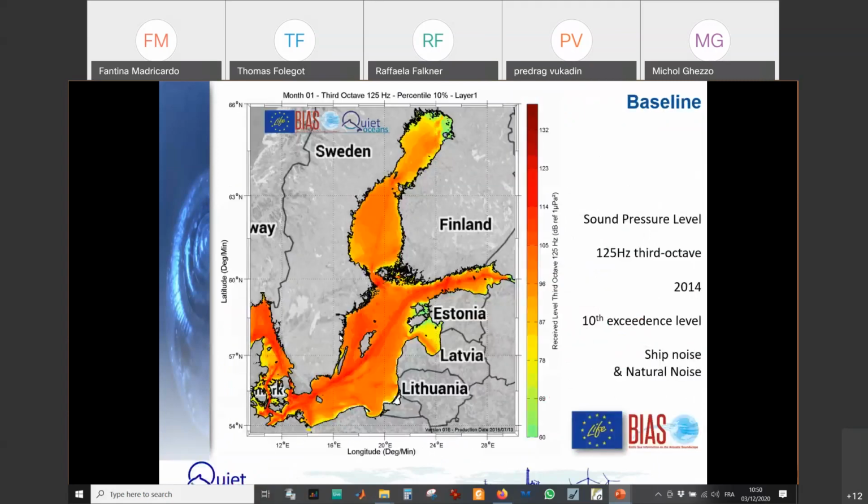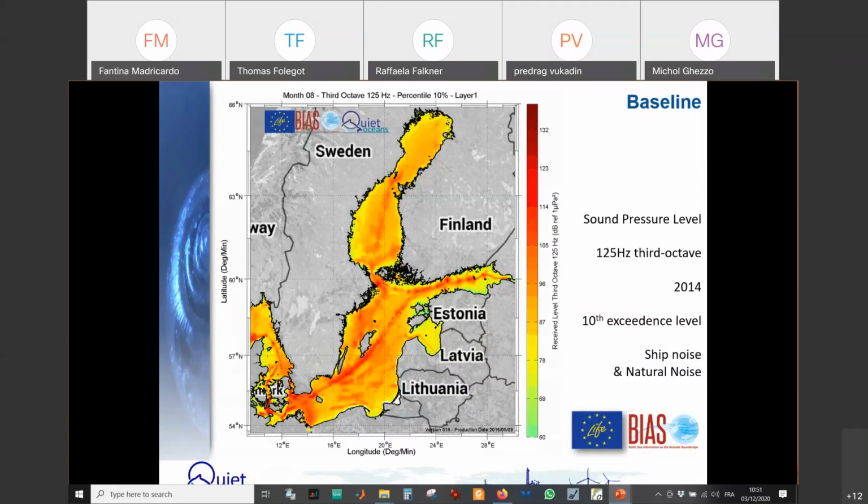So we did that. So now just the results from BIAS, I think you've seen that 1,000 times, so I'm not going to spend too much time. This is a small video. Each image is 1 month. It's 125 hertz. It's the 10th percentile. So these are the levels reached 10% of the time. It's a monthly map, meaning it's 10% of my month.